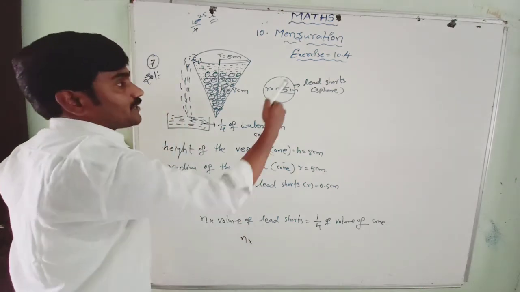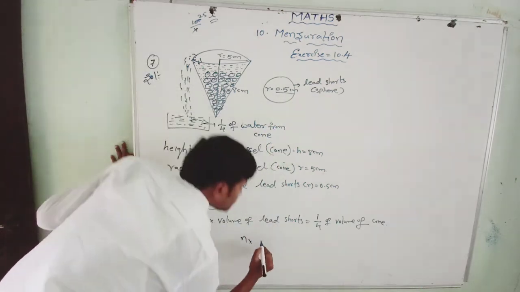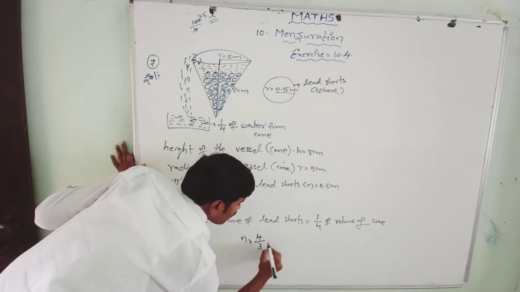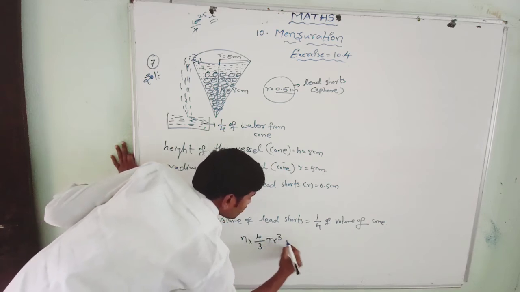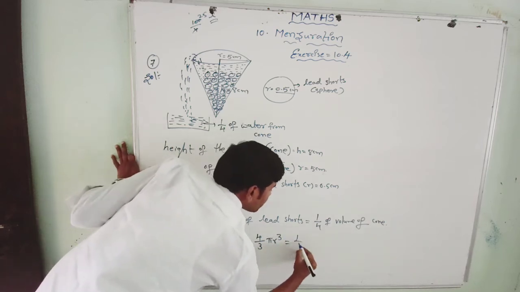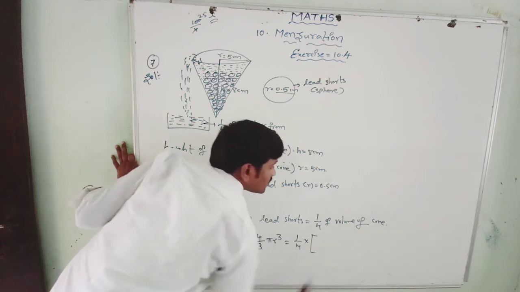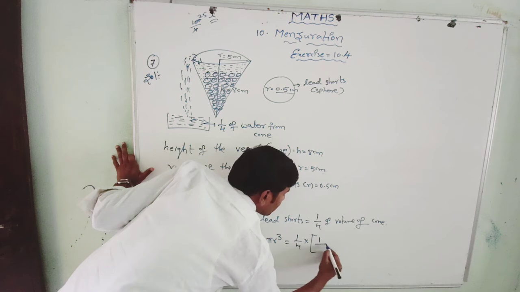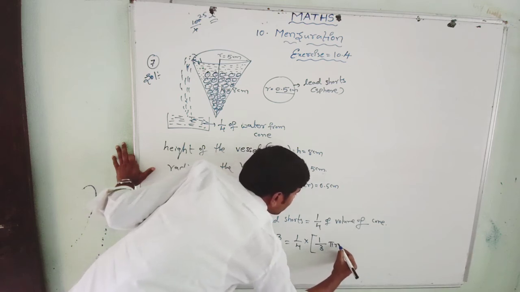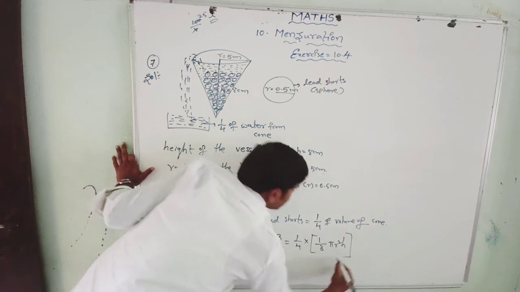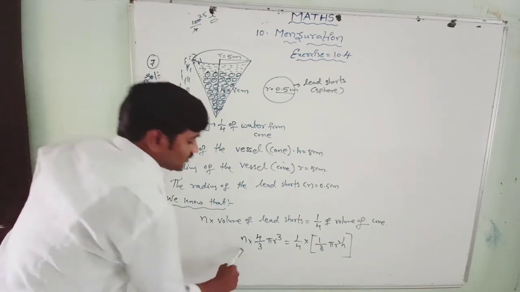The lead shots are in the shape of a sphere. The volume of a sphere, formula 4/3 pi r cube, equals 1/4 into the volume of cone, formula 1/3 pi r square h. Yes. Let us substitute the values now.